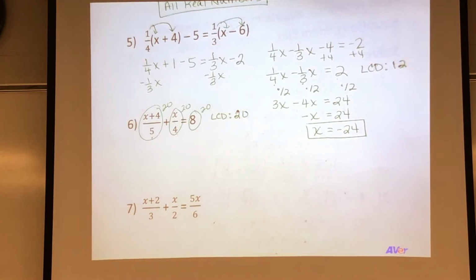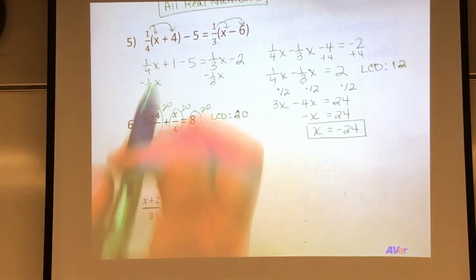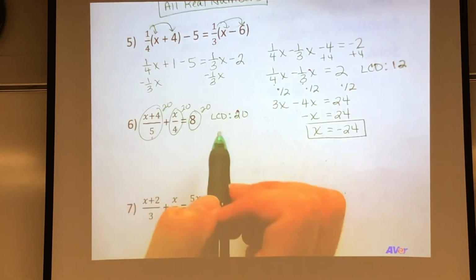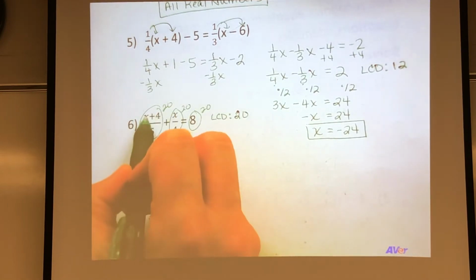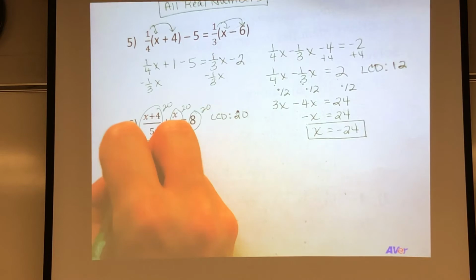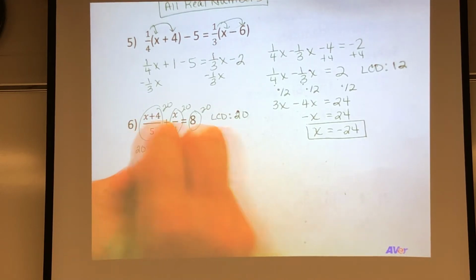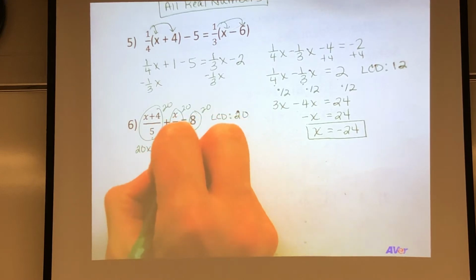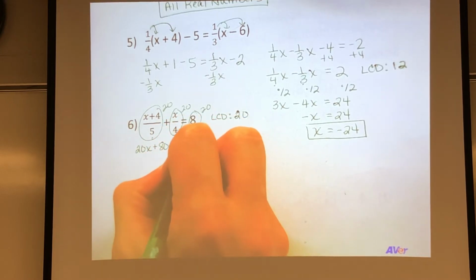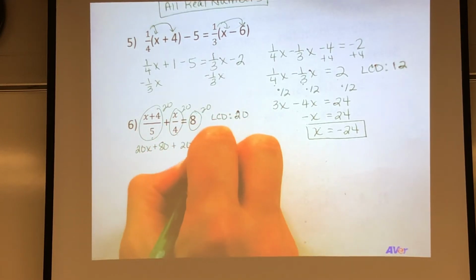Now, when we go and multiply that first fraction by 20, there's multiple ways to do that. But essentially we're multiplying the numerator. So we have to multiply the x and the 4. So we'd have 20x plus 80 plus another 20x equals 160.